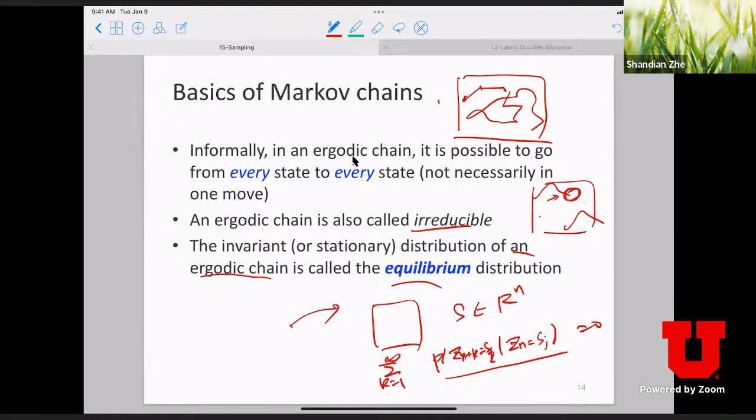Actually, if you have a discrete space, you can try to draw a graph between the states. If you have a state here, it just means that through some finite number of steps you have positive probability to reach this state. However, if for finite steps the probability of jumping from this state to that state is 0, then there's no connection, and it's not irreducible.